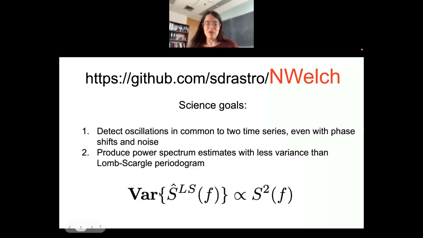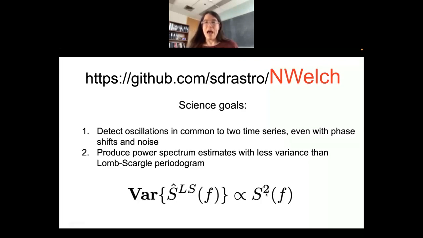On the bottom here, you see an expression showing that the variance of the Lomb-Scargle estimator of the power spectrum of a data set is proportional to the power squared. And there's no n, number of observations, on the right-hand side of the equation.